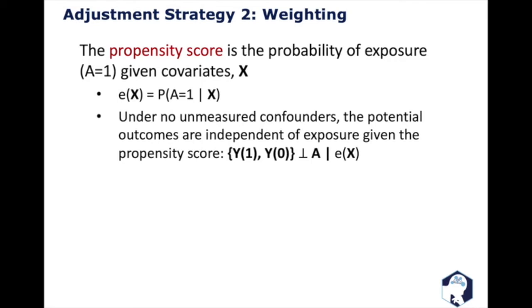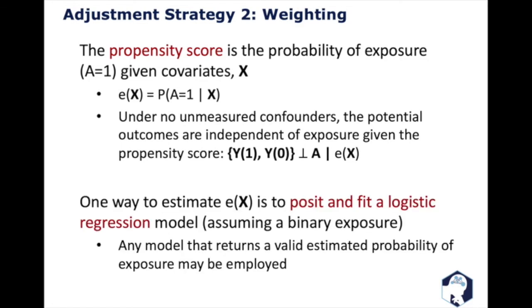And again, under the no unmeasured confounders assumption, if we include all of our confounders in this propensity score, then the potential outcomes are independent of the exposure or of the treatment mechanism given the propensity score. So before we were conditioning on the full vector of covariates, but actually, if it's correctly specified and includes all of our confounders, we can just condition on the propensity score and we get this independence of treatment and potential outcomes.